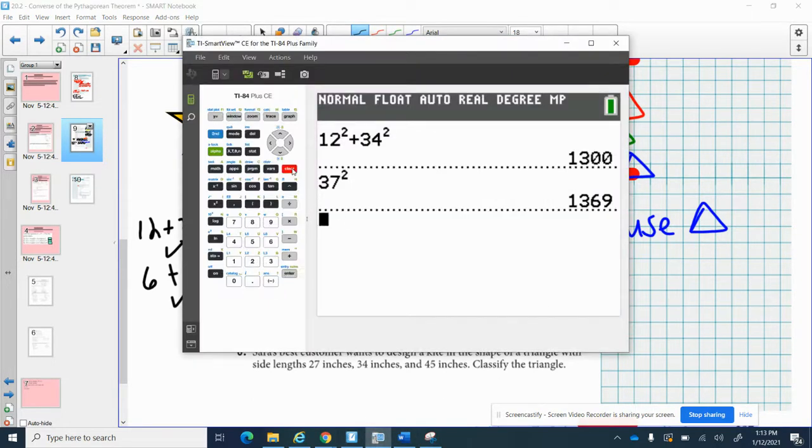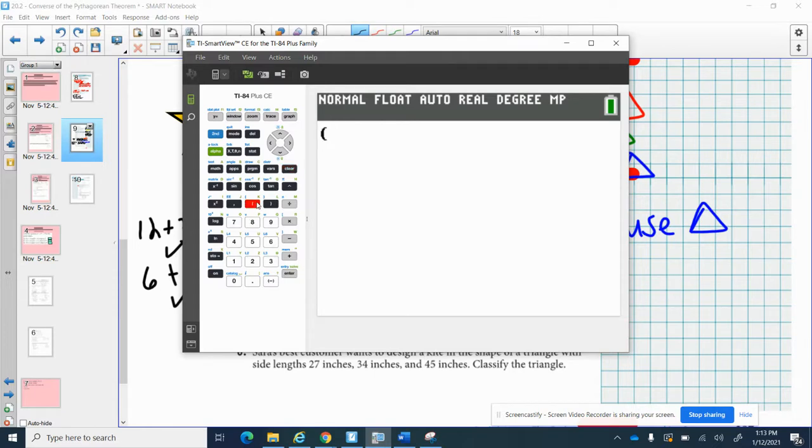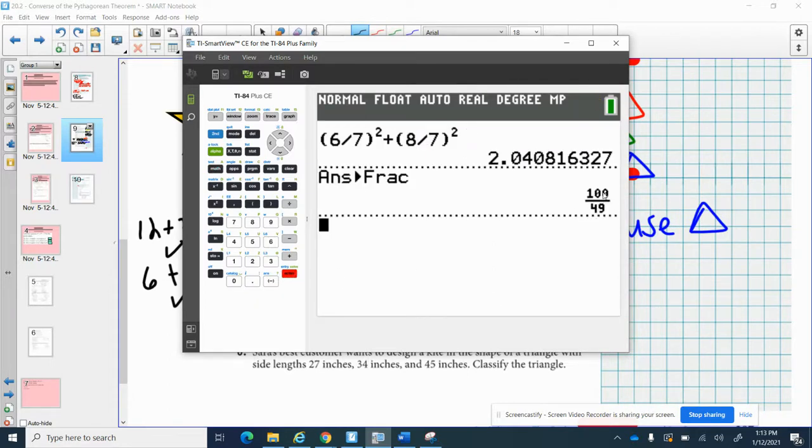So if we look at this one, we're going to use parentheses, 6 divided by 7, and then squared, plus, again parentheses, so we get everything taken care of, 8 divided by 7 squared. Notice we get this answer here, or if we make it into a fraction, 100/49. And now we want to see how this compares to 10/7 squared.